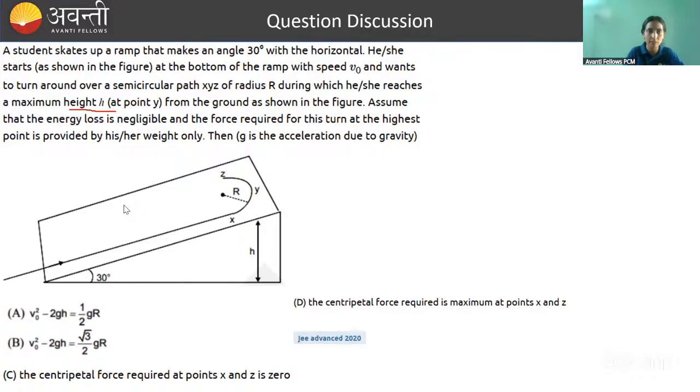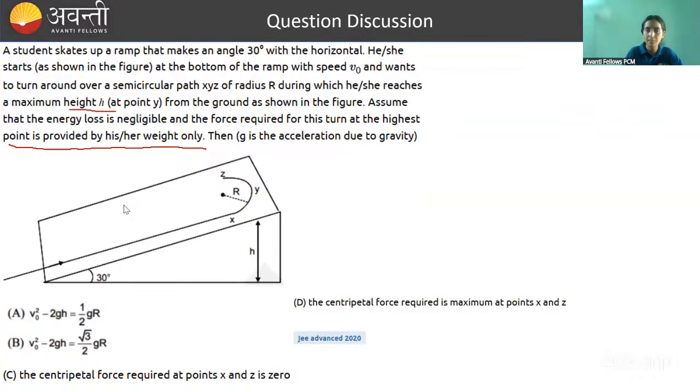See, the person is reaching h height from the ground. Assume that energy loss is negligible, no friction, and the force required for this turn at the highest point is provided by his or her weight only. So centripetal force is getting provided by the gravitational force itself. No friction is coming into account. Then we have to answer this.